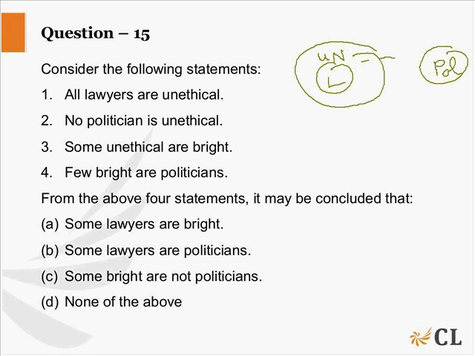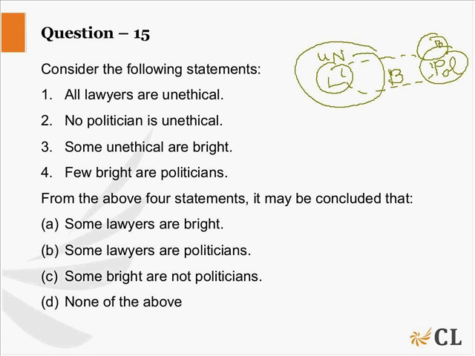The bright set can go like this. It can even engulf politicians, and few bright are politicians. We have already done this, right? Few bright are politicians. So one way is this, one way is here also. From the above four statements, it may be concluded that some lawyers are bright.